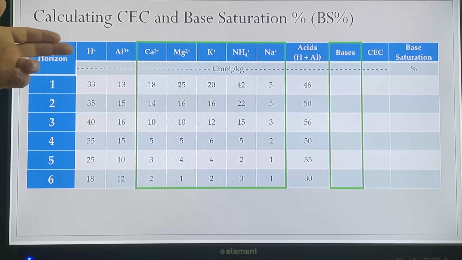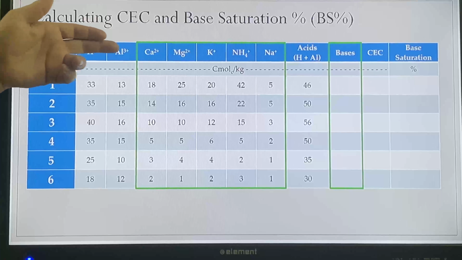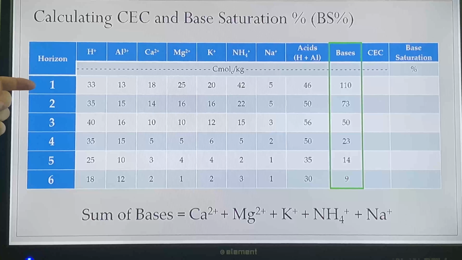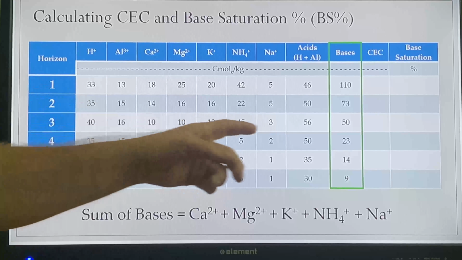If you notice, this is part of the lyotropic series: calcium, magnesium, potassium, ammonium, and sodium. When we do the math across there, let's say we'll just work with Horizon 1, we have 110 centimoles of charge for our base cations.